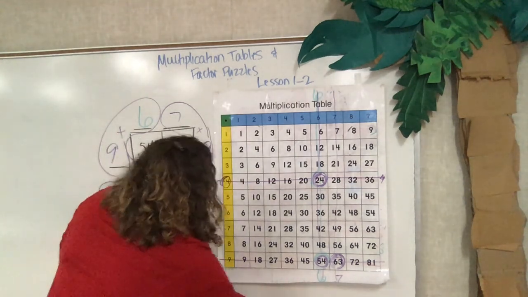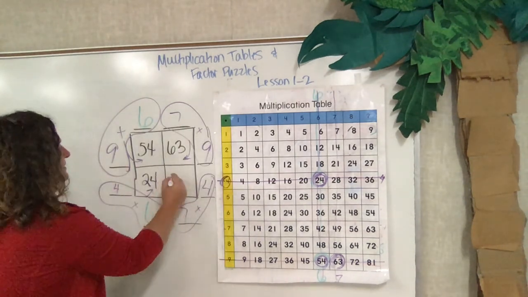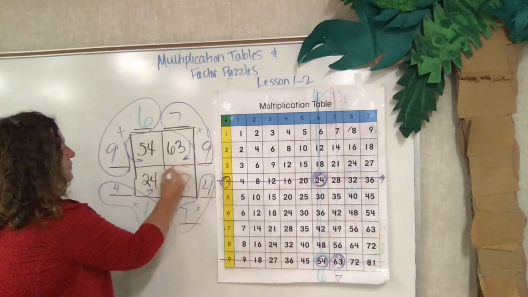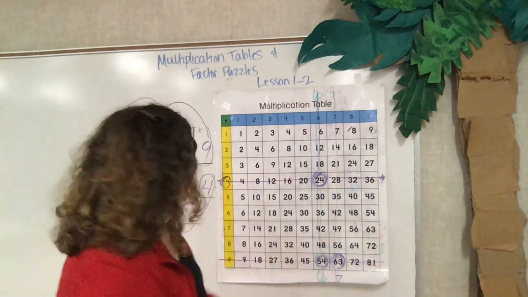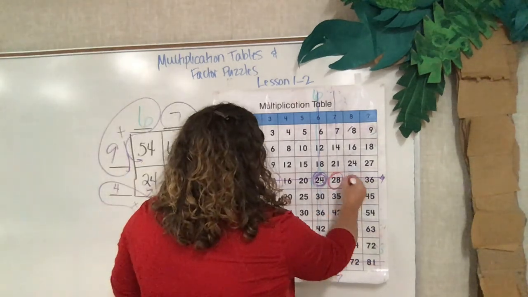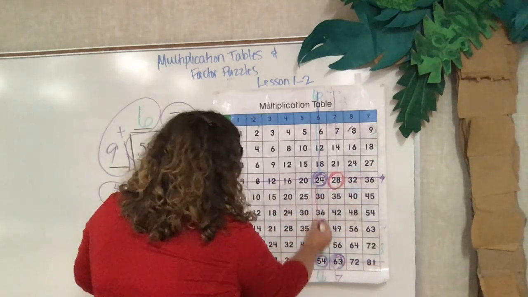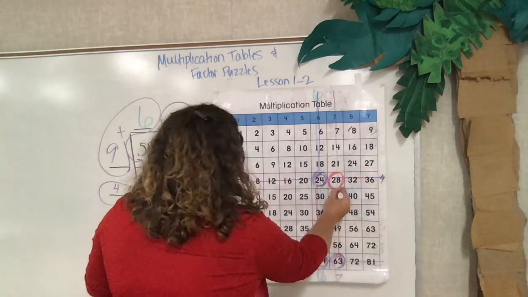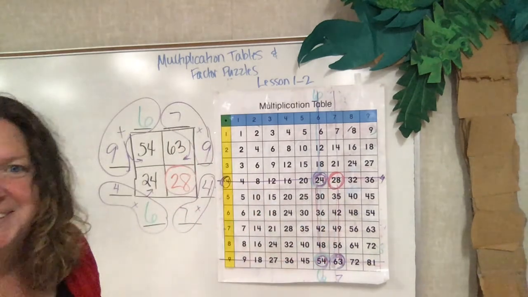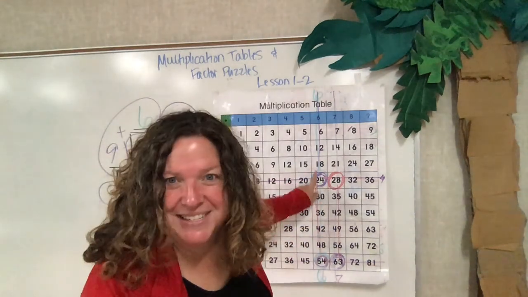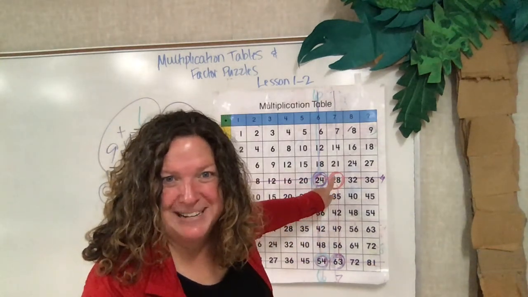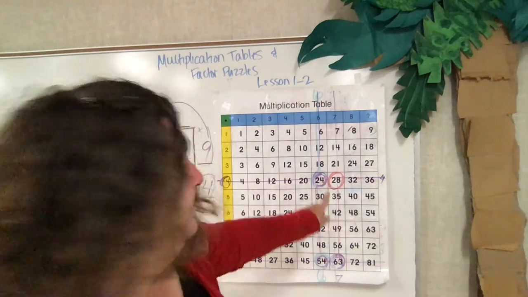Hopefully you know 7 times 4 is 28. Now, we think our answer is 28. Let's look over here. Look at that. It makes that box all the way around. Did you already know the missing one was 28 when you saw the 3 corners? You may have. Nice work.